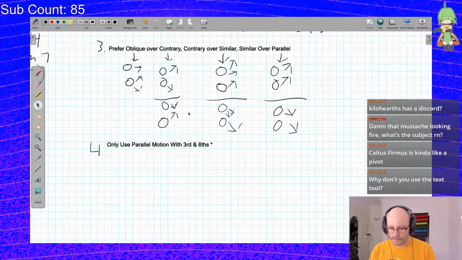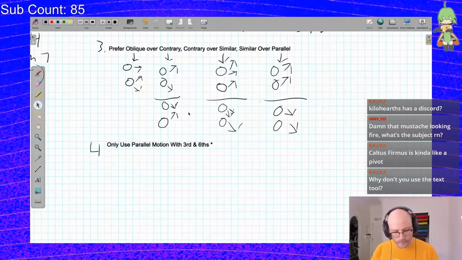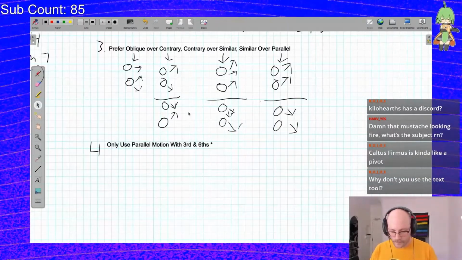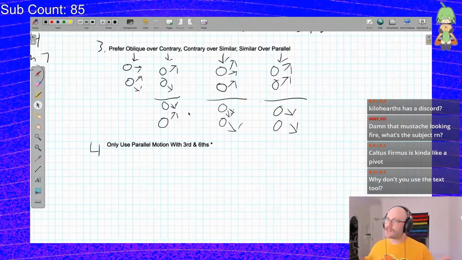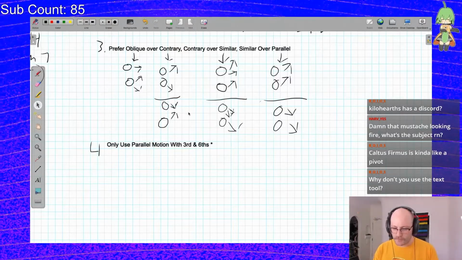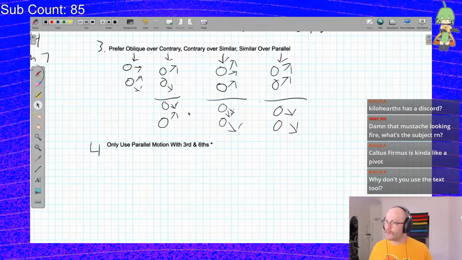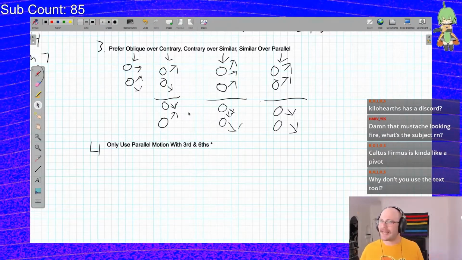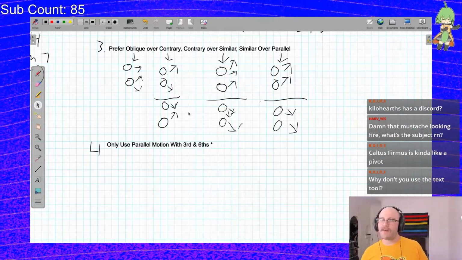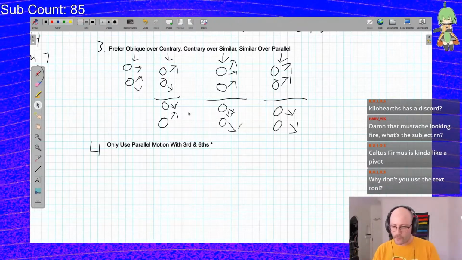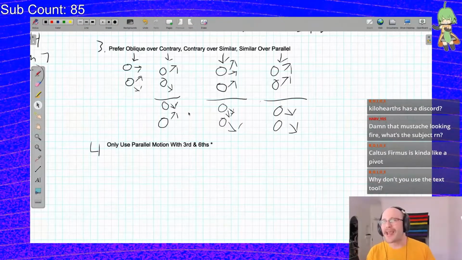Contrary motion, you can always hear that separation of the notes. With similar motion, we're still maintaining that sensation of independence. But if I have parallel motion in thirds, we still feel that independence to a point.